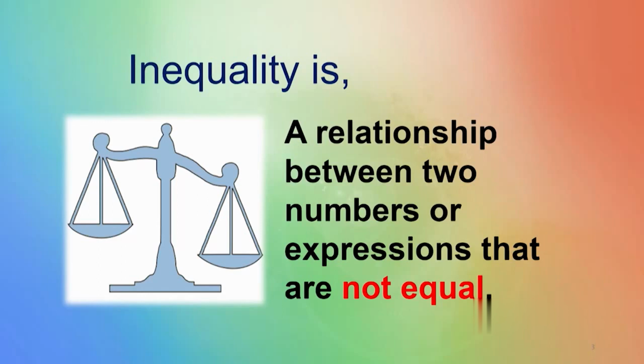So, when we take numbers as an example, look at that. Here 5 is equal to 5. When we think about the not equal situation, I take the numbers 5 and 4. So, 5 is greater than 4.